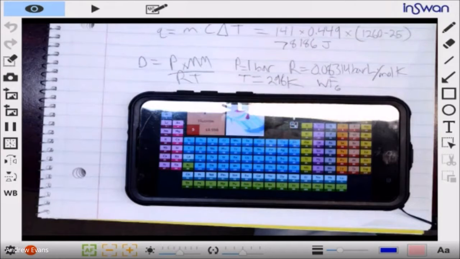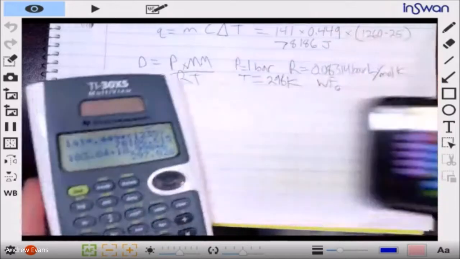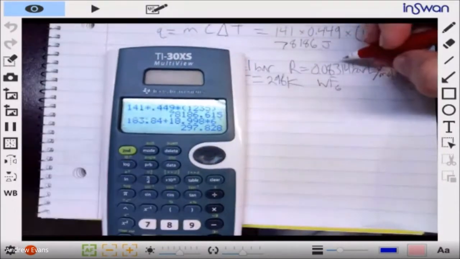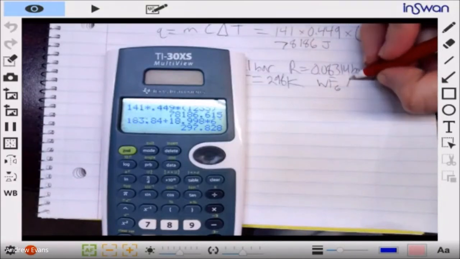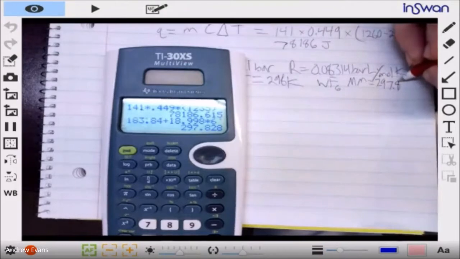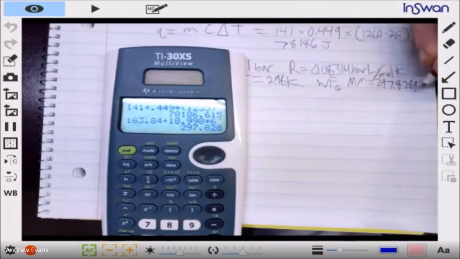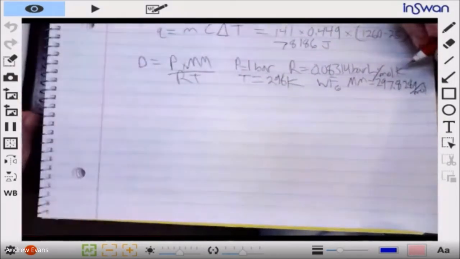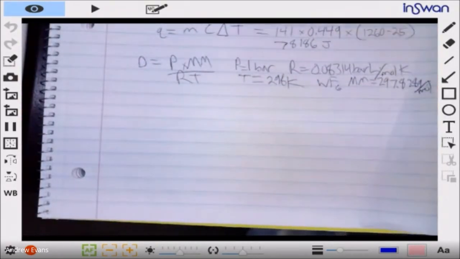Most of these numbers you could probably round to some extent. Now, because there's 6 fluorines, you have to multiply that 18.998 by 6. The molar mass is 297.828 grams per mole.